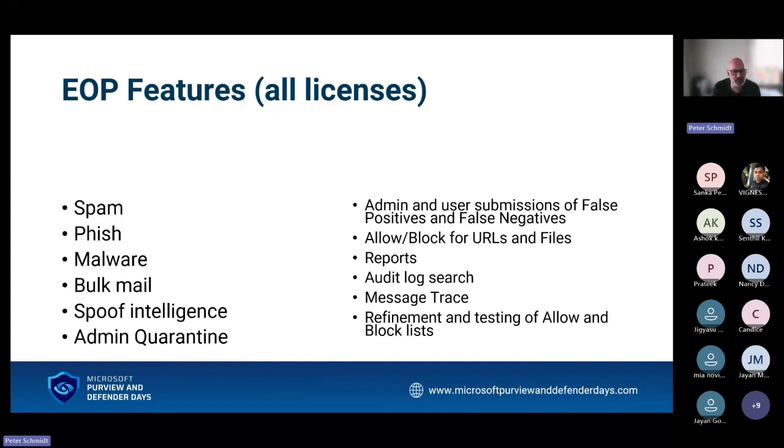Everything that is registered here can be put into a quarantine, or you can configure it to move it to end user spam folders and so on. You have some basic reporting, so you can at least follow it, and you have the message trace, which is very helpful for these scenarios to investigate what's going on with the email coming into Exchange. So it's a very basic set of tools available here.